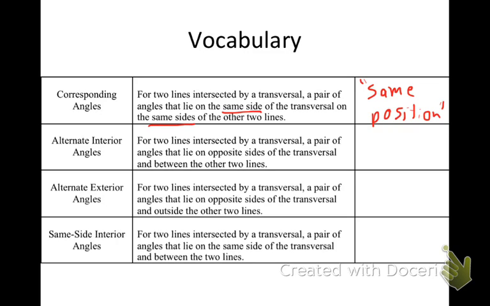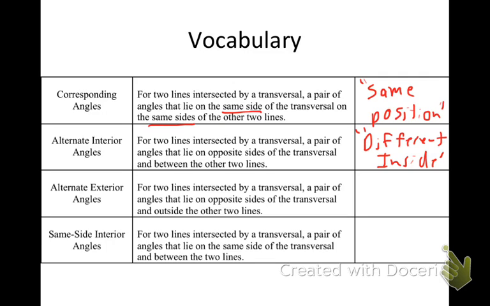Alternate interior angles. First off, what's the word alternate mean? What's another word for alternate? Different. When you think of alternate, I think of different. When you think of interior, what do you think of? Inside. Alternate interior angles are different inside angles.